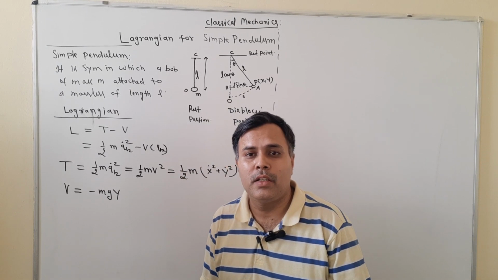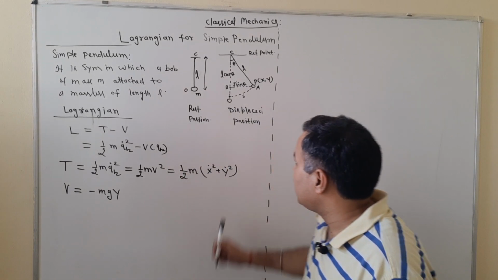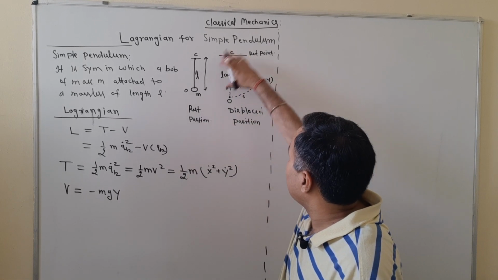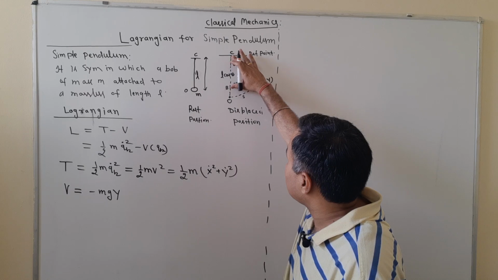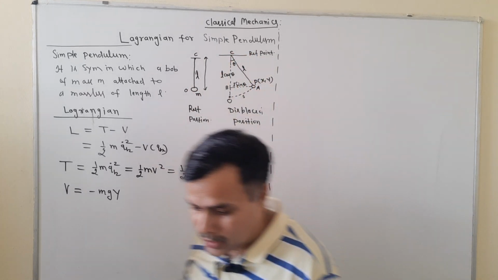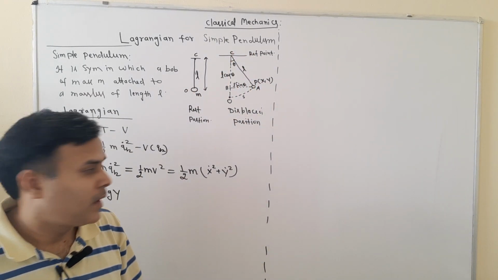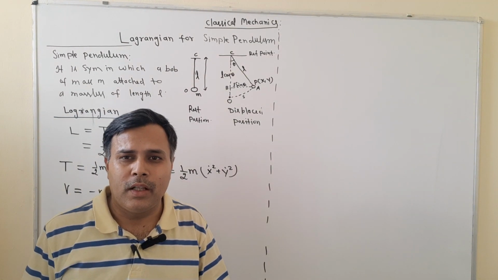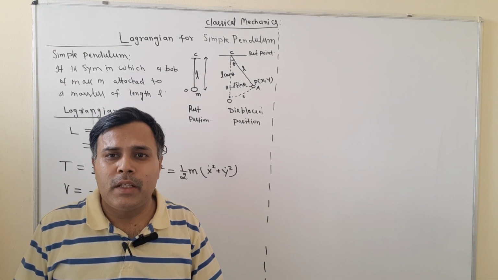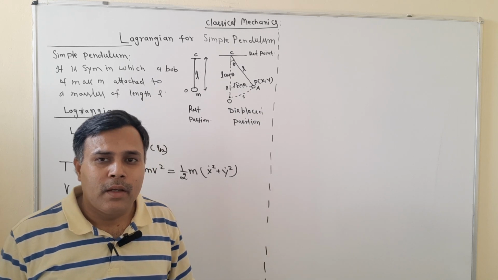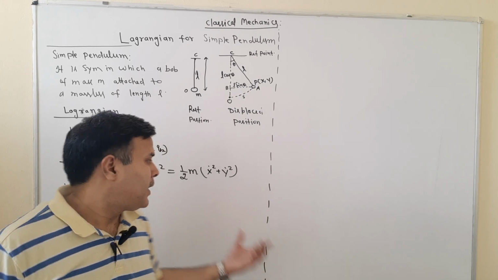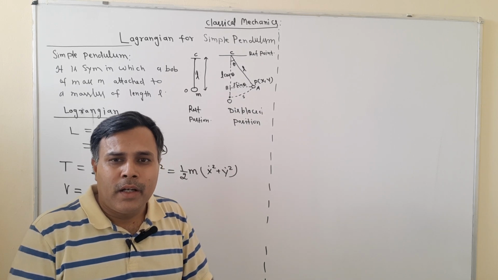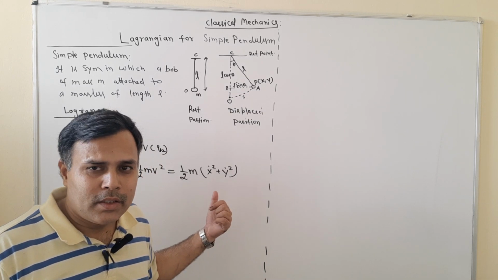Potential energy is energy due to its position. So this distance is y. Now, in this case, what is our y? If we evaluate the exact expression of potential, once we know the potential, then our life is very easy in classical mechanics, because our kinetic energy is simply half mv square, and we can convert it according to the equation of constraints.